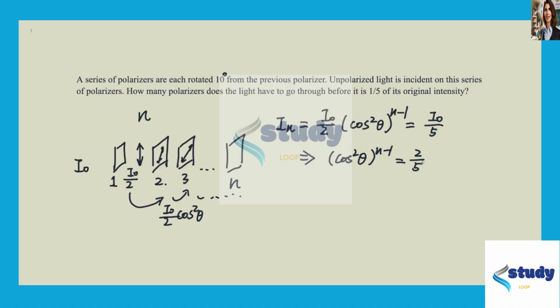Then we take the logarithm: n minus 1 equals the ln of 2/5 over the ln of cosine squared theta.